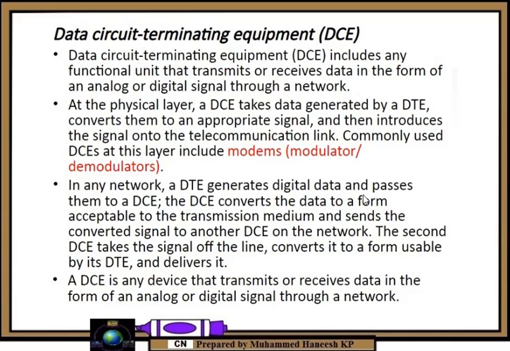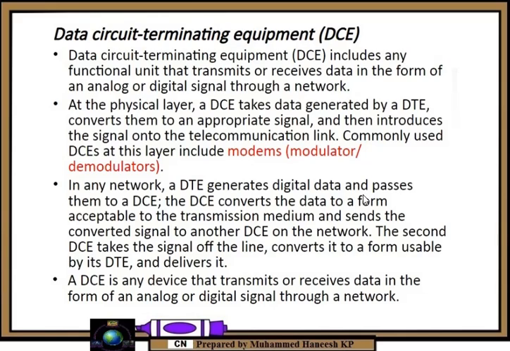There is no compulsion to synchronize the two DTEs with each other, but each must be coordinated with its own DCE, and the DCEs must be coordinated so that data translation occurs without loss of integrity.